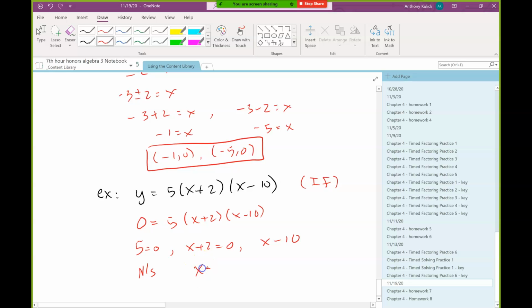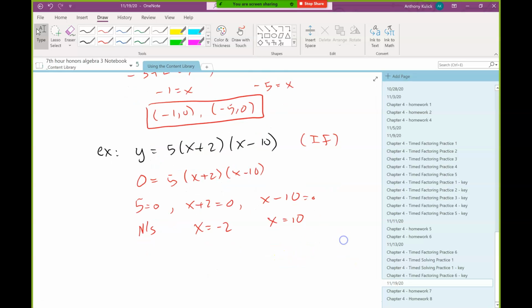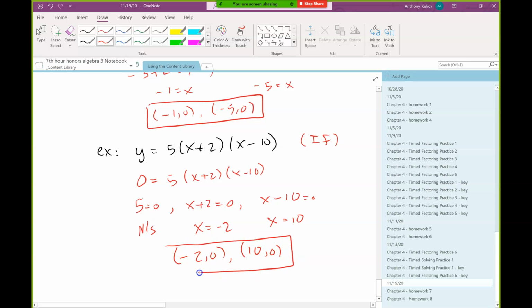That part doesn't give me anything. But the other two parts I can solve. So I get negative 2, 0 and 10, 0 as my x-intercepts. So basically this just turns into a solving problem, just like the things that we've been working on. Nothing really has changed, right? It's still just a solving problem.